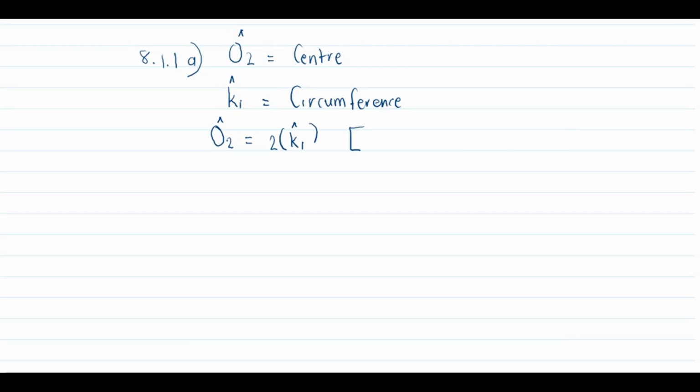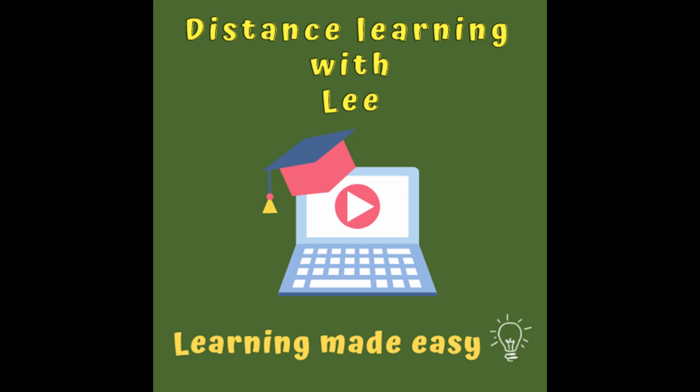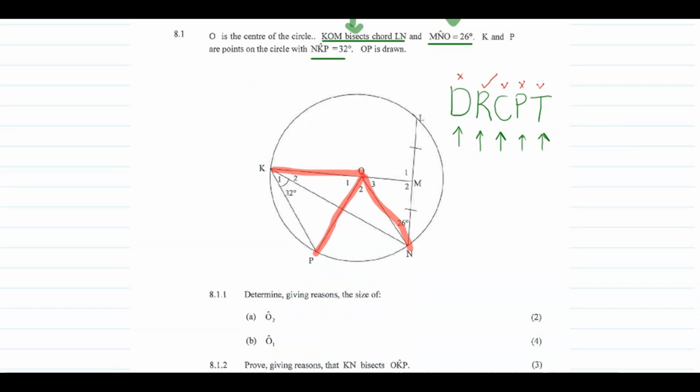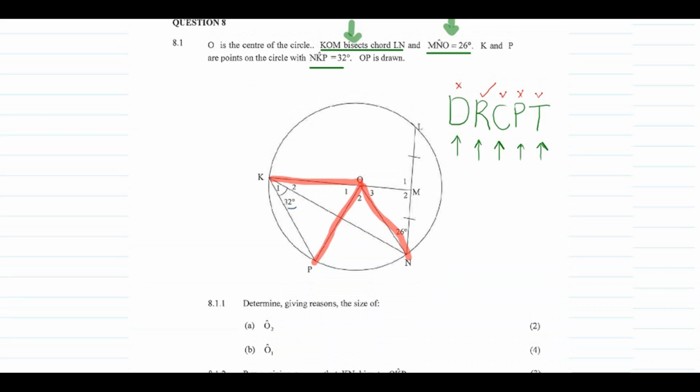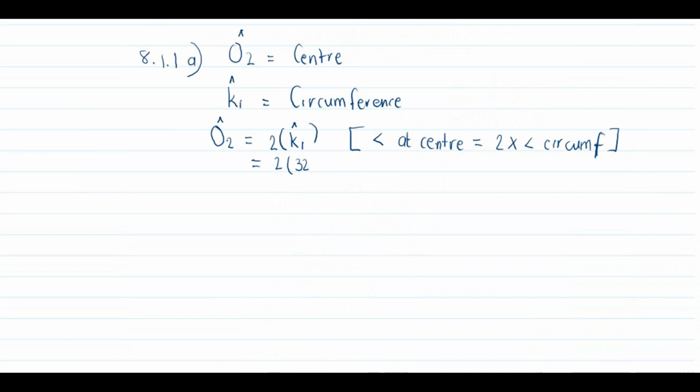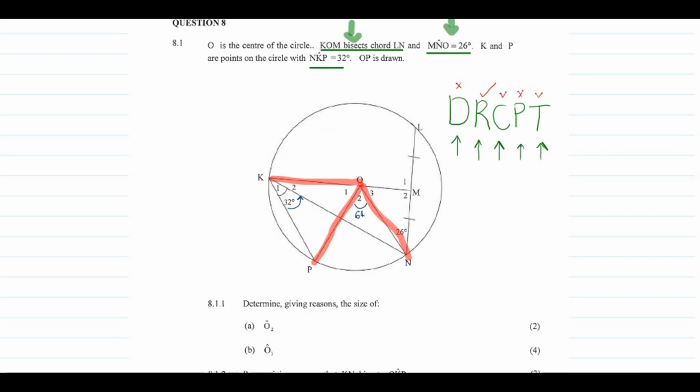The explanation you can give there is: angle at the center is equal to 2 times the angle at the circumference. We are told that K1 is equal to 32 degrees. Therefore, our angle O2 is equal to 64 degrees. I'm just going to put that on our diagram. We are done. Next question.